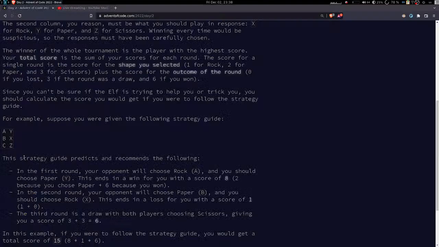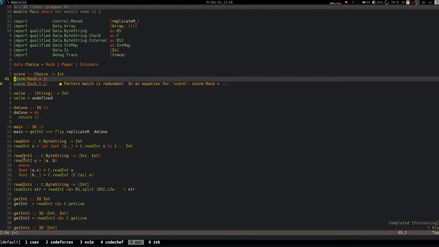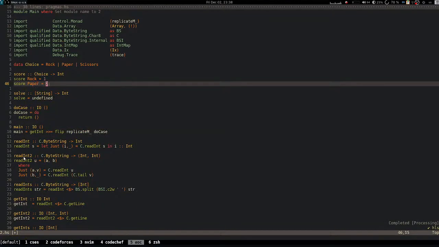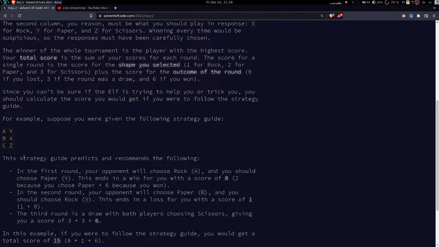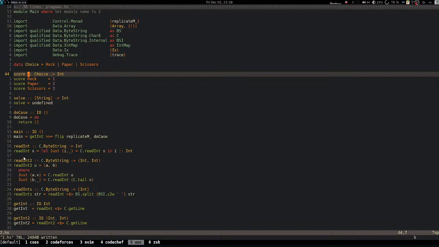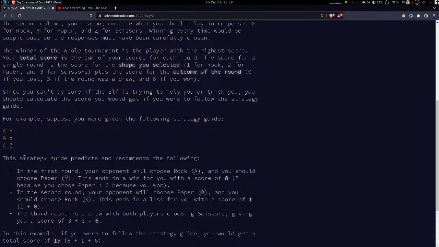For rock, the score is 1, for paper the score is 2, and for scissors it's 3. So I have this score function that gives me the score for the choice. Actually I can just name this function choice score. Now what's next?